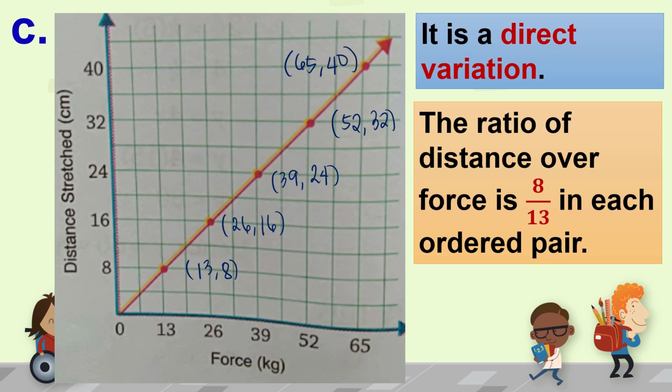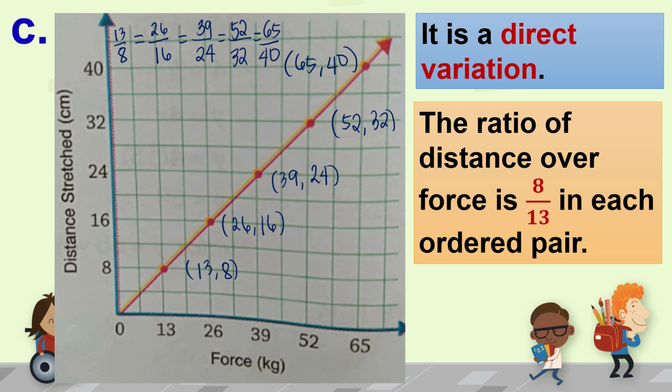So if we're going to write these ordered pairs in the form of ratio, distance over force, the first ordered pair is 13 over 8 equals 26 over 16 equals 39 over 24 equals 52 over 32 equals 65 over 40.